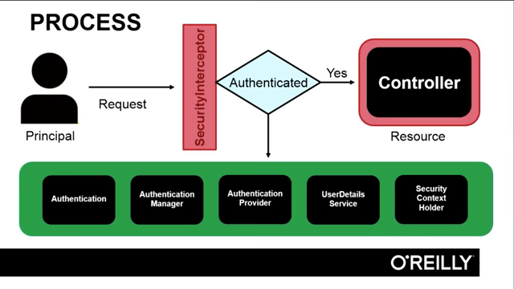So it depends upon the type of authentication provider whether or not we will use that user detail service. Finally, once we have authenticated a user, we're going to place that authentication object or that user within the security context holder. And this is a component that is available to us throughout our controllers that allows us to retrieve security information about the principal.